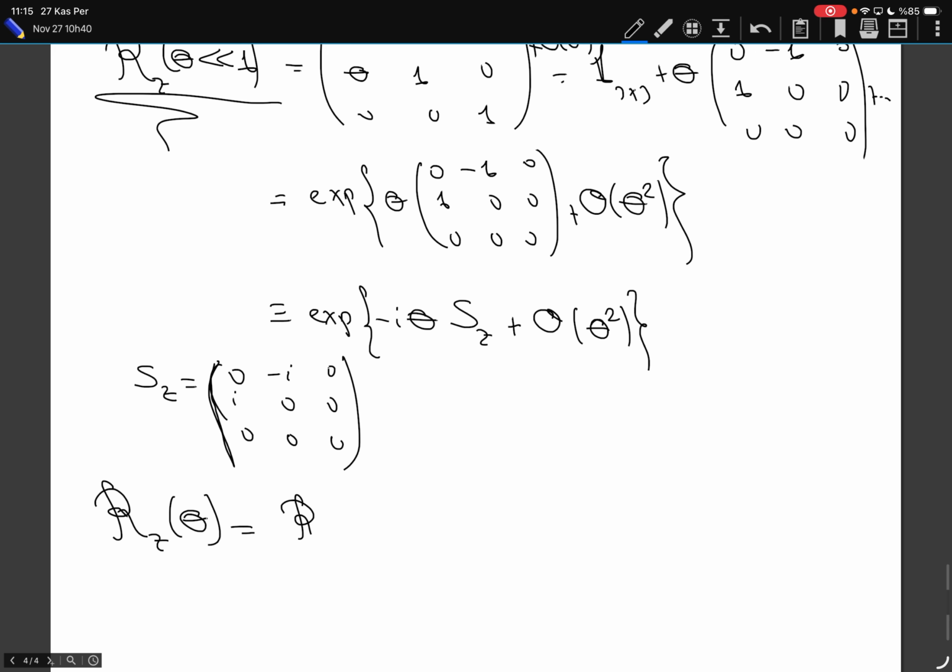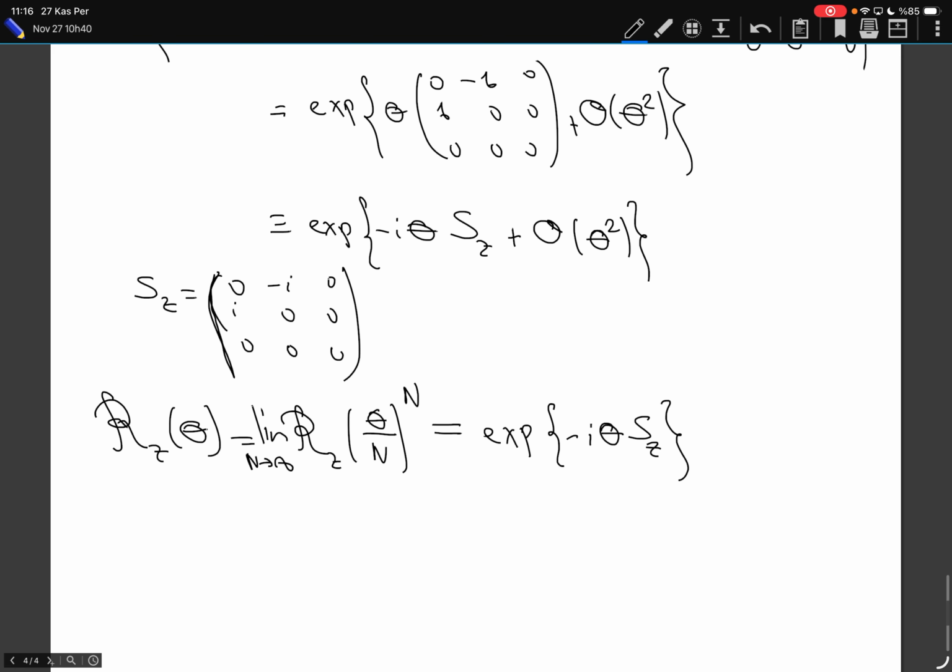This will be Rz of theta over n raised to the power n in the limit as n goes to infinity, and this will actually turn out to be the exponent of minus i theta Sz. I skip some steps, so those terms of the order of theta squared are not actually there. Now, what is this Sz squared? Well, let me calculate its square.